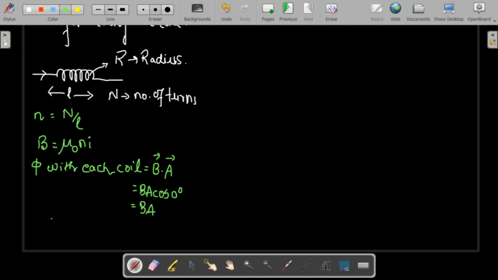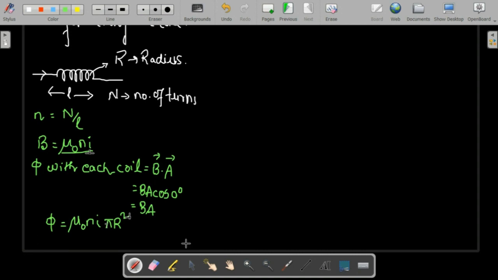So I can write phi as B, which is mu naught n i, times the area. The radius of the coil is given to be R, so the area would be pi R square. Please remember this is with each coil, not the total. We are talking about each coil.